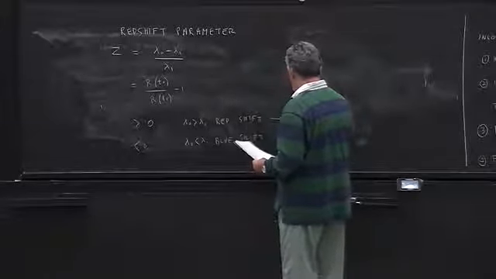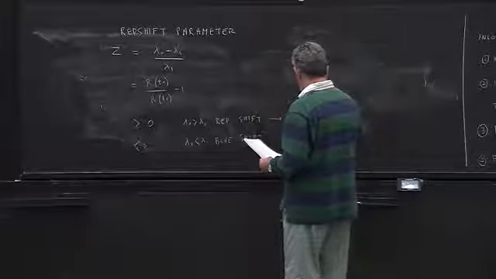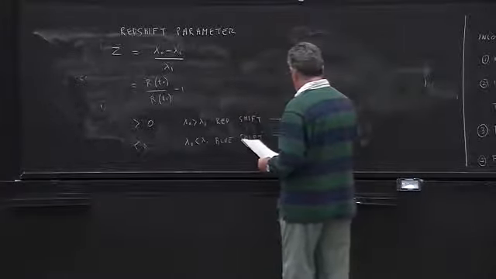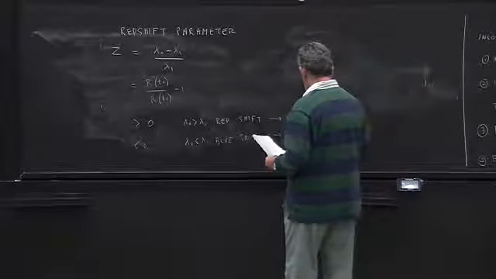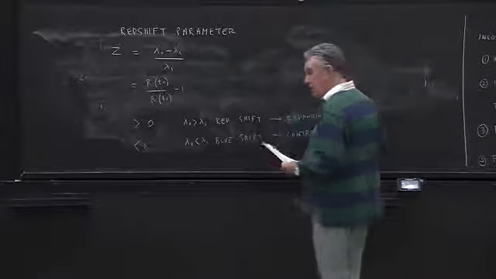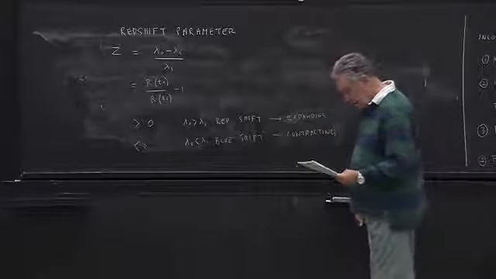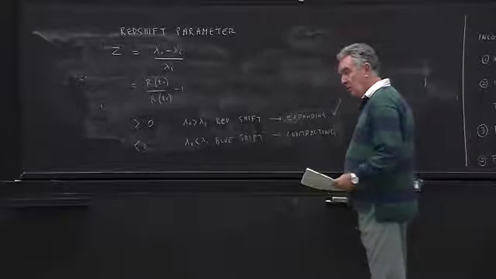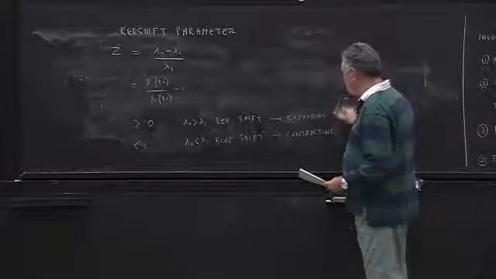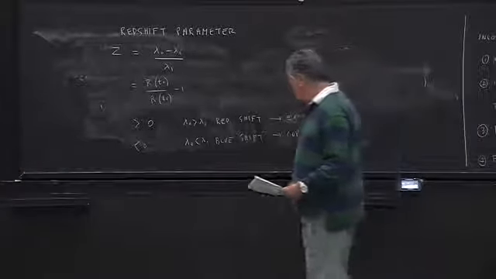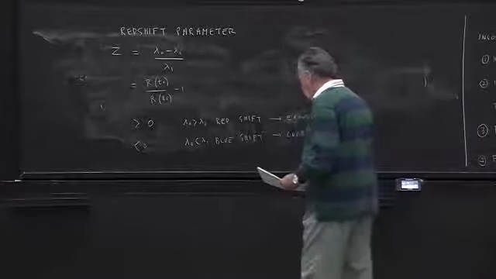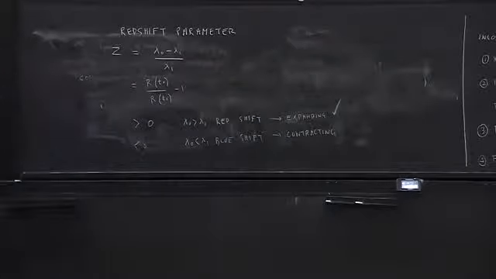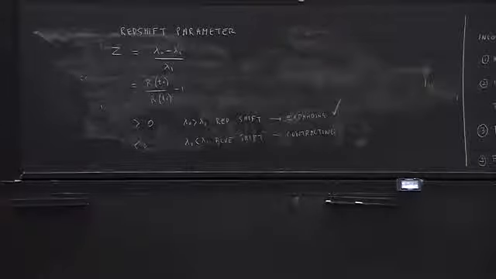And a redshift means that the universe is expanding, and a blue shift means it's contracting. Now, what we observe, of course, is that the universe is expanding, and we can get a handle on R of t by studying the redshift of distant galaxies.